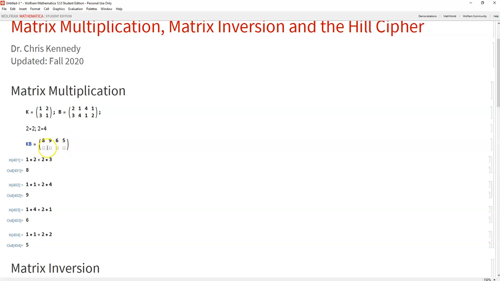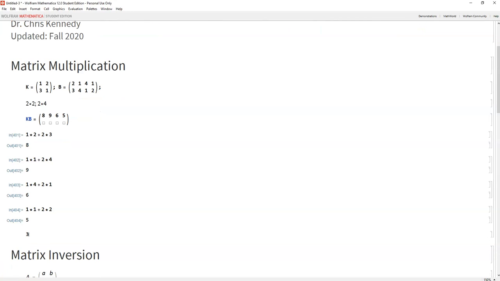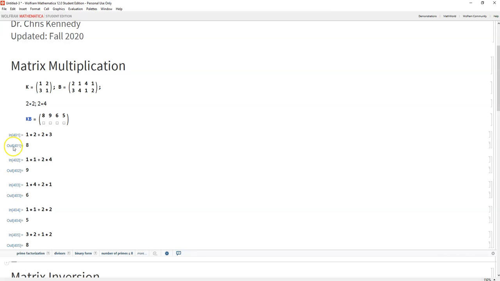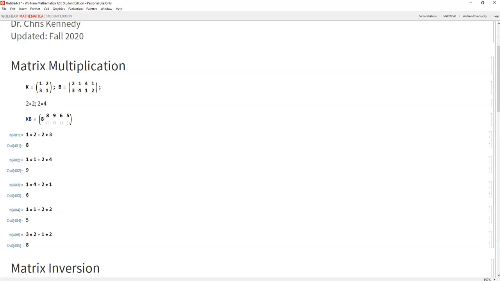Now, to do the other row, I'm going to switch to the second row of K, and repeat the procedure with each one of the columns of B. For the sake of not boring you to tears, I am not going to narrate this as I do it. I'm just going to work it out. I might mutter under my breath as I do the multiplications. 1 times 2, 1 times 3, again.